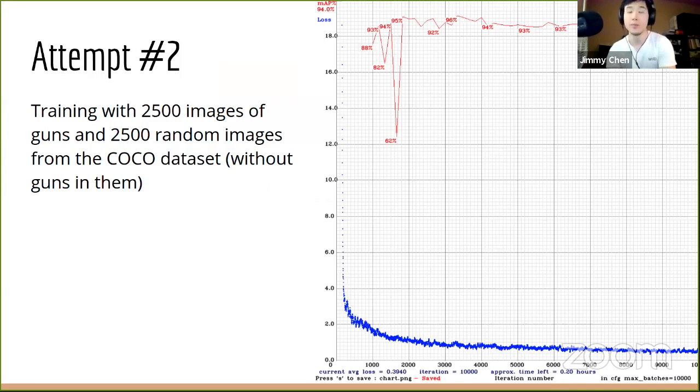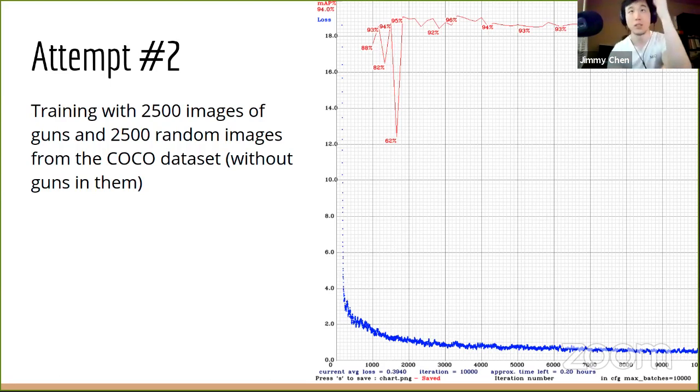So in our second attempt, we added roughly an equal number of images taken from the COCO data set, which is a massive data set of a lot of different labeled images. We took 2,500 random images from this data set that did not contain guns, to serve as more data for our model to know what wasn't a gun.